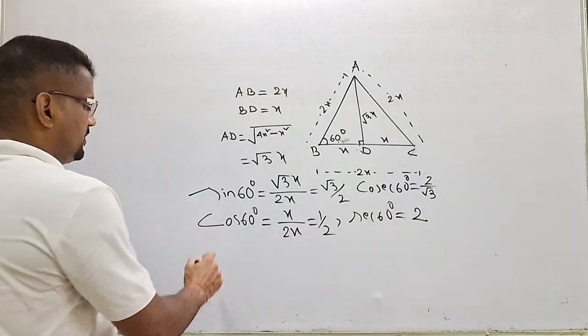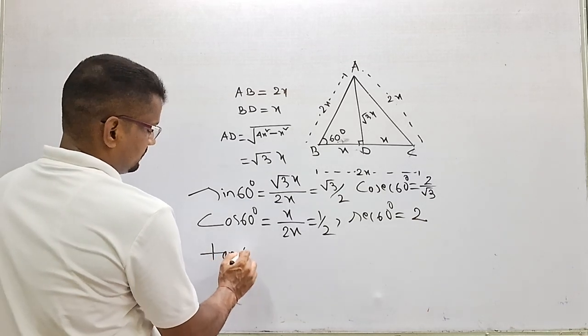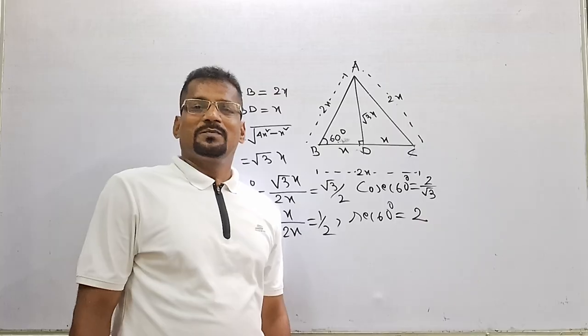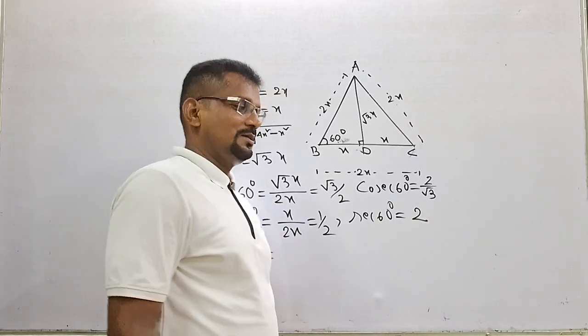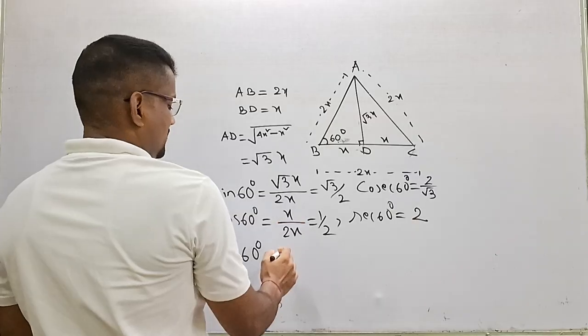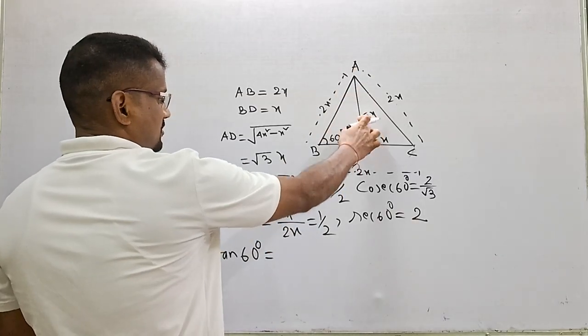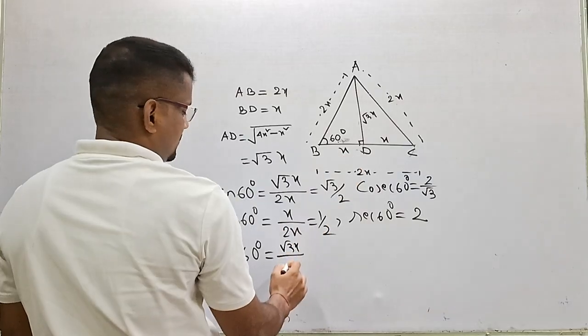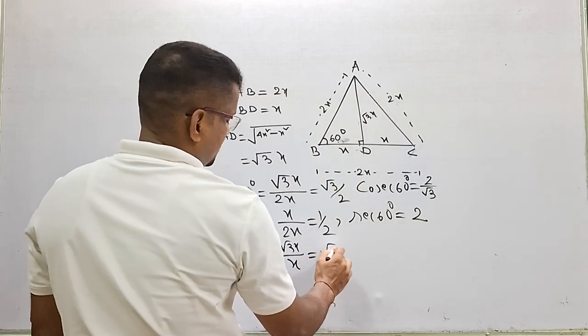Now suppose you need tan 60 degree. So by definition, tan theta is your what? Perpendicular by base. So perpendicular AD, base BD. So length of AD how much? Root 3x. And BD how much? X. That's nothing but root 3.